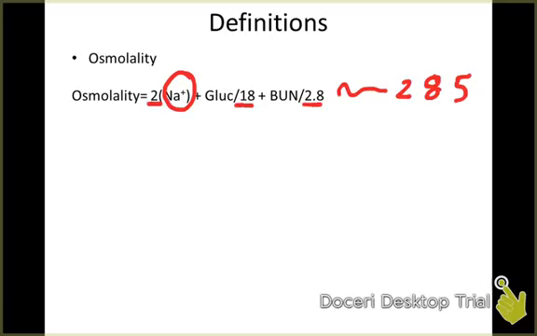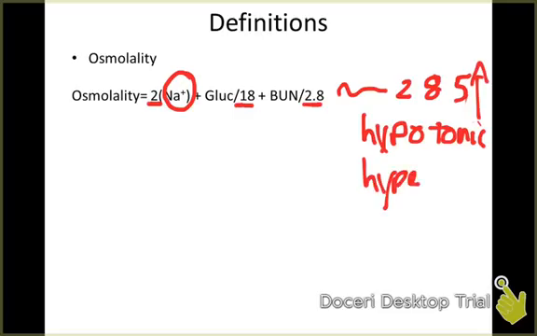So if the number's lower than 285, we call that hypotonic or hypoosmotic, and we'll discuss tonicity here in a second. If it's higher than 285, we call that hypertonic.